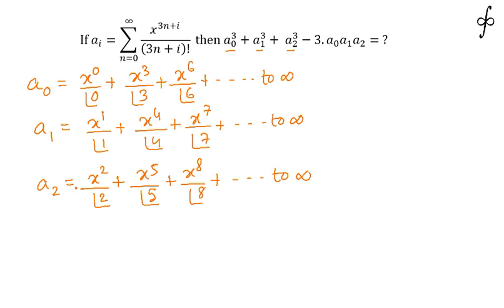So basically you can see that there is an interval length of 3 units, because of this 3n part. So the power of x is gradually going to increase by 3 in every case for a0, a1 and a2. Now the part that we need to simplify is a0 cube plus a1 cube plus a2 cube minus 3 a0 a1 a2.